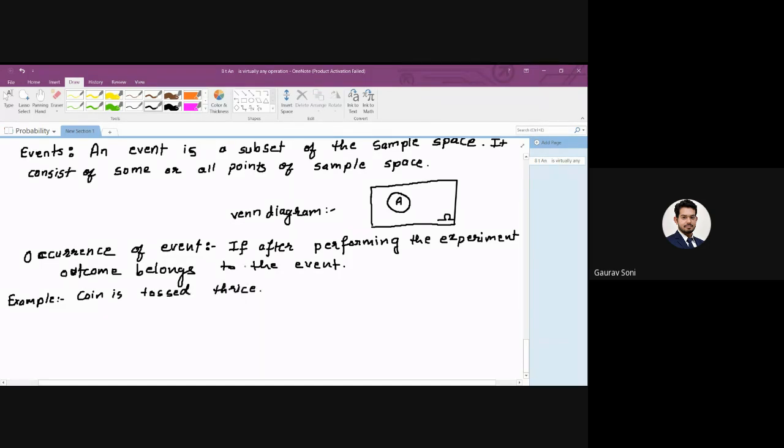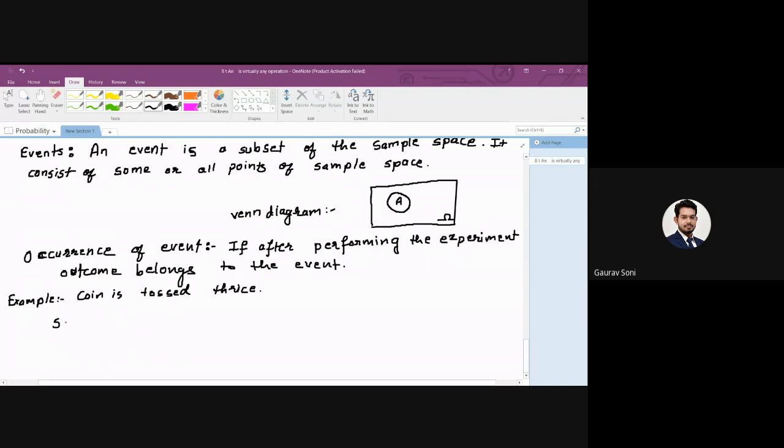This is my random experiment. The coin is an unbiased coin. What do we mean by unbiased? A fair coin, so equal possibility of heads or tails. Such a coin is tossed.